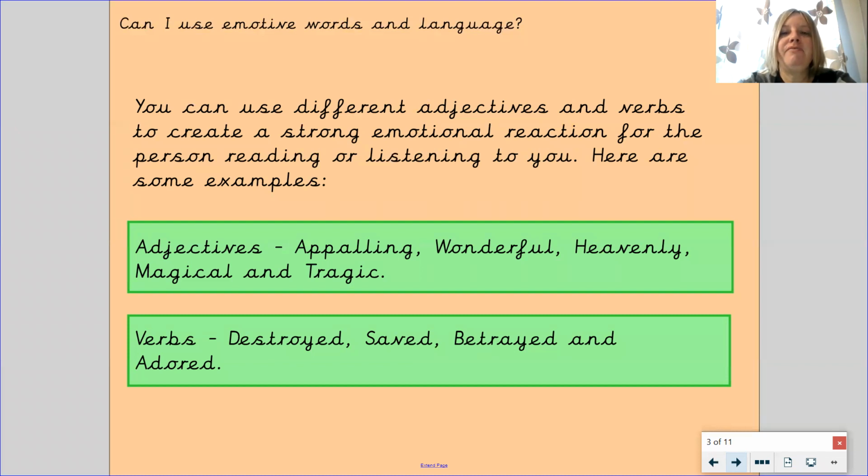And let's have a look at some verbs that would create that emotional reaction: destroyed, saved, betrayed, adored. Those all help to create a strong emotional reaction in the person reading or listening to you.